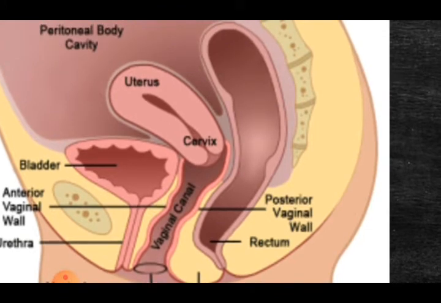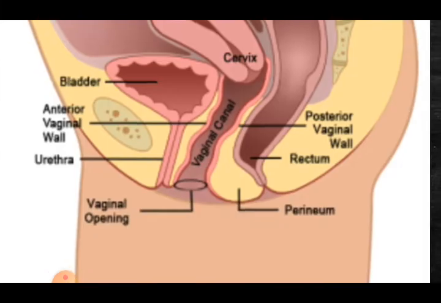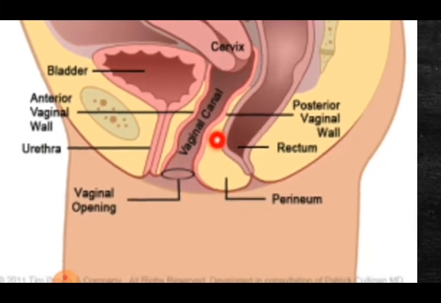Another important thing is this angle of the vagina. You can see that the vagina or the vaginal canal is not straight. This is more oblique. So it runs obliquely upwards and backwards.